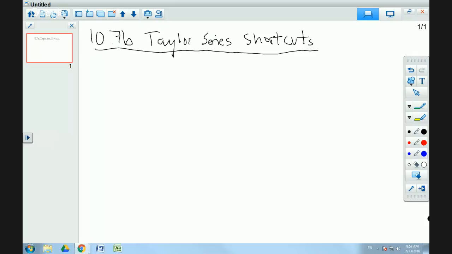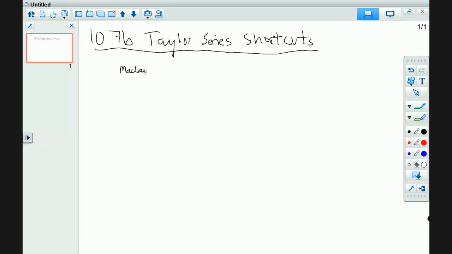Okay, so we just did our memory cards for e to the x, correct? What was the Maclaurin series for e to the x? And that means 1 plus x plus... What's the polynomial?